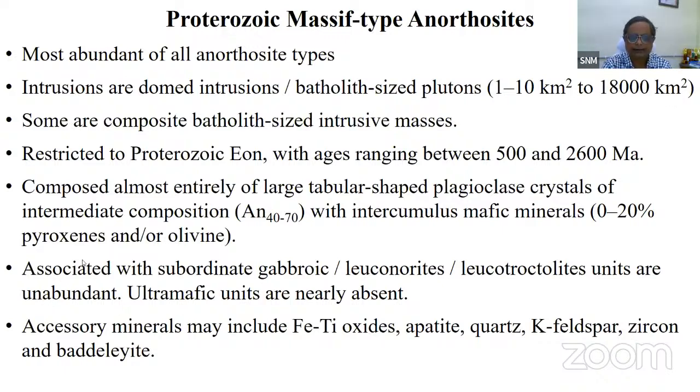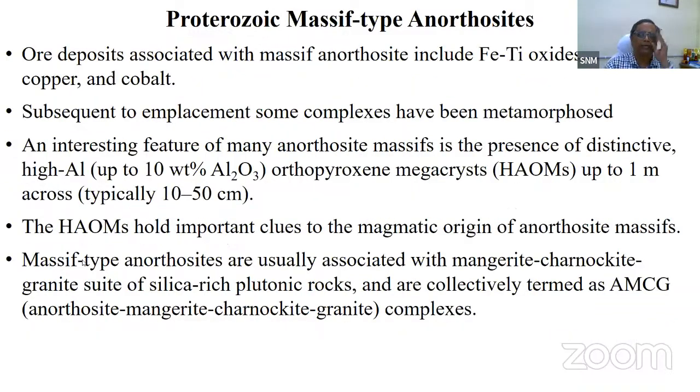leucotroctolites, and the accessory mineral phases in all kinds of anorthosite are the same, mostly Fe-Ti oxides or apatites like that. But one thing that is very interesting to know is that some of these massif type anorthosites contain some megacrysts of high alumina orthopyroxenes. These orthopyroxenes contain very high Al, almost 10% by weight Al2O3, and this has some petrogenetic significance.